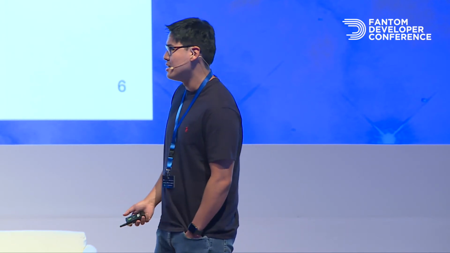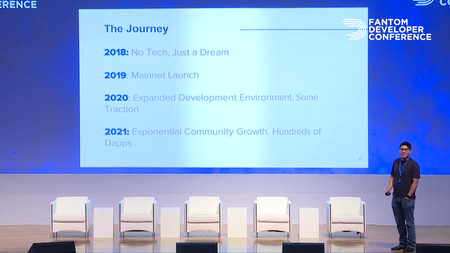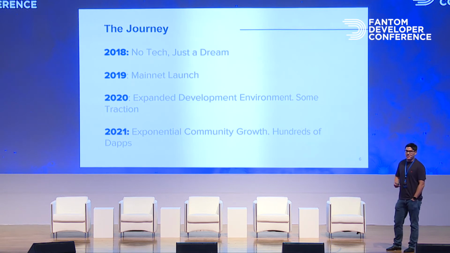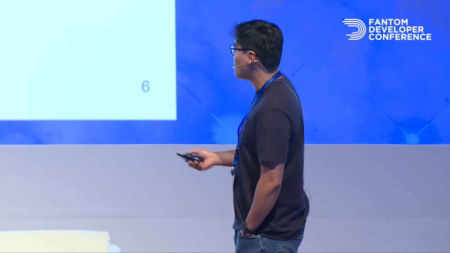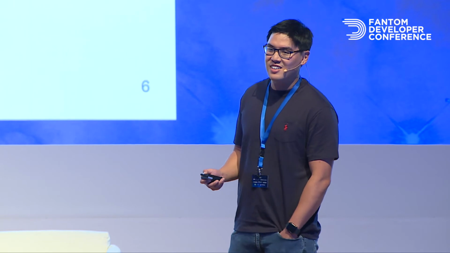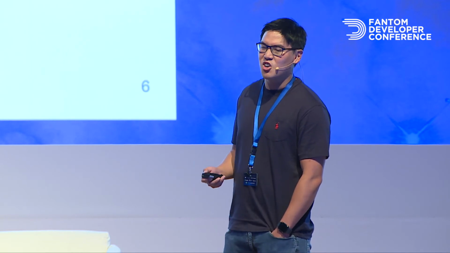Every single day, or almost every single day, you can see new commits for the Fantom repository. So the underlying technology is open source and it's for everybody to use. And on the 27th of December 2019, that's when we had the mainnet launch. And even then, we weren't getting too much attention.